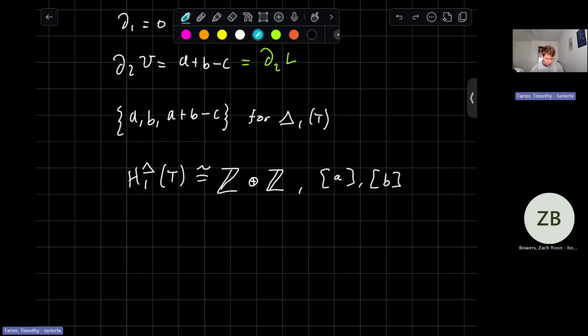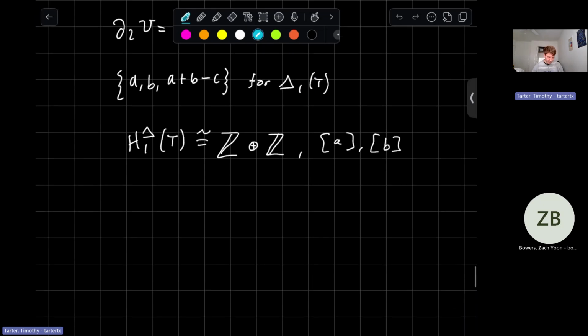Since there are no three simplices, H2 of the torus is the kernel of partial 2.